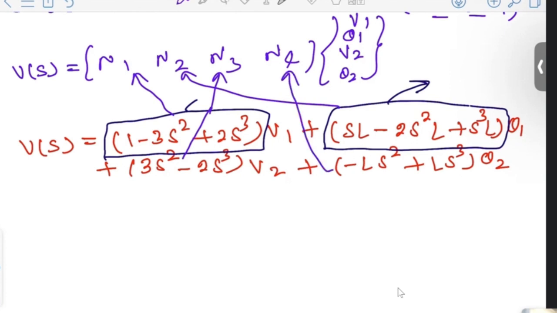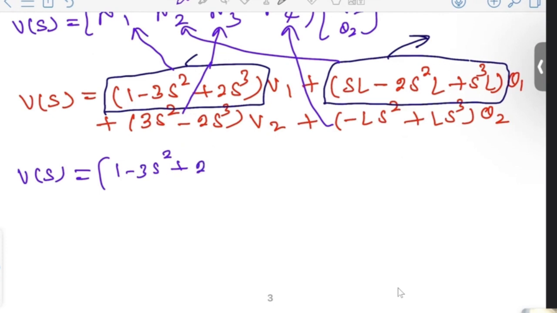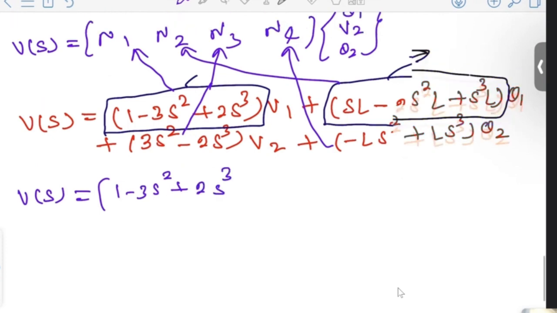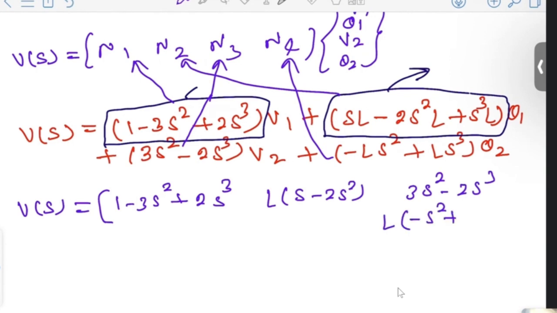So in simple form, how we can write v, the displacement in the vertical direction: 1 minus 3s square plus 2s cube, then L times s minus 2s square, then 3s square minus 2s cube, then similarly I will take L common, minus s square plus s cube, and multiply by nodal displacement v1, theta 1, v2, theta 2.